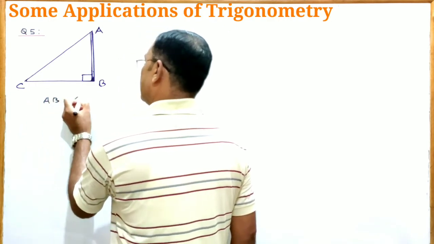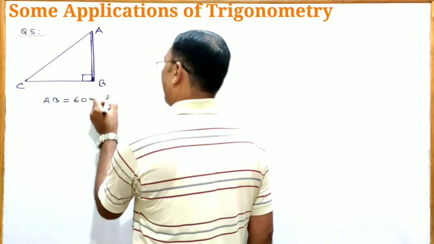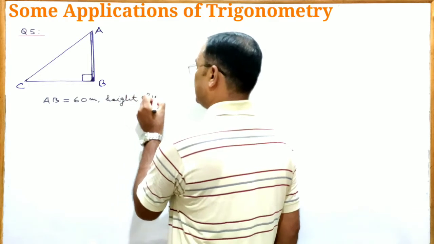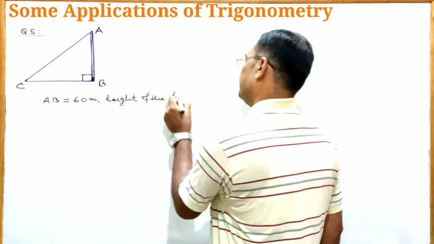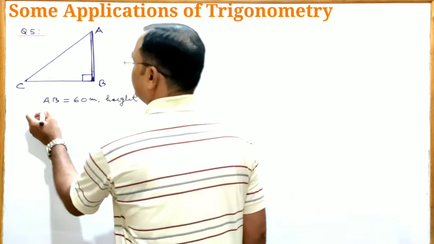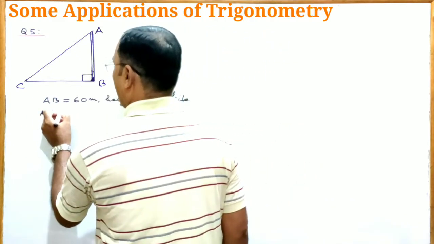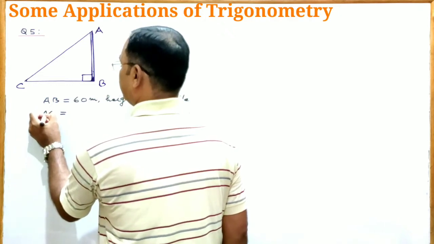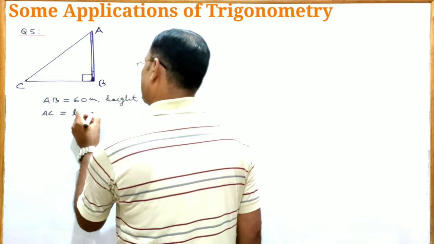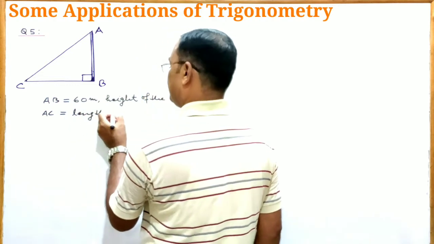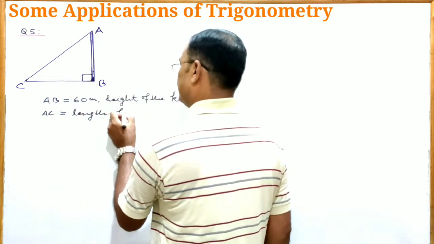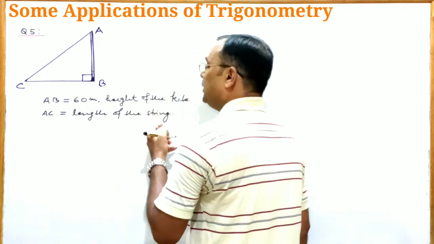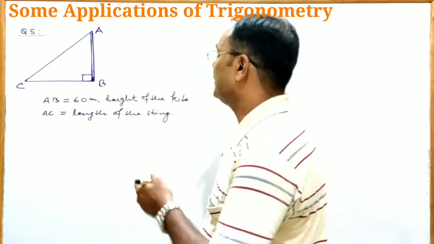AB is 60 meter, the height of the kite above the ground, and AC is the length of the string, and this length of the string we have to find out, assuming that there is no slack in the string.